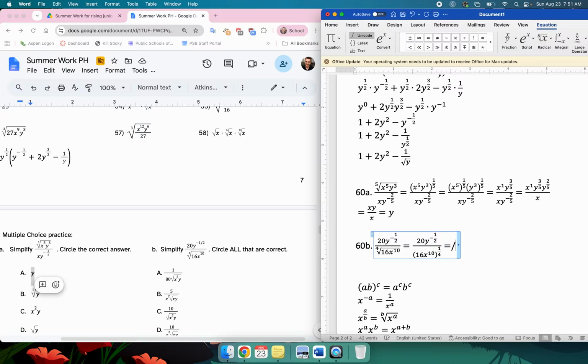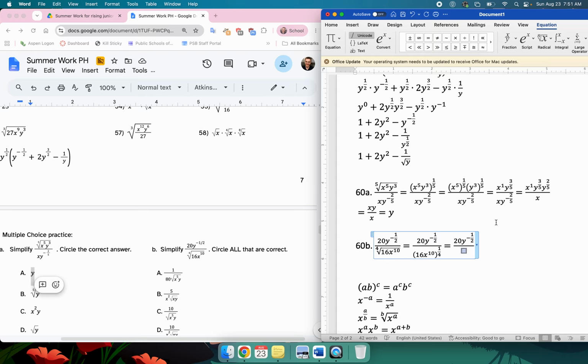Then I would move that y to the negative 1/2 downstairs. Or, no, I think I'll leave it there for now. There's more than one way of doing these things, but I think I'll distribute this power of 1/4 next.